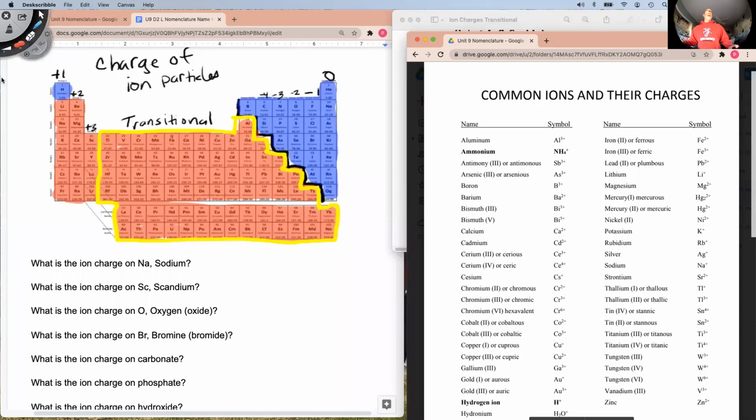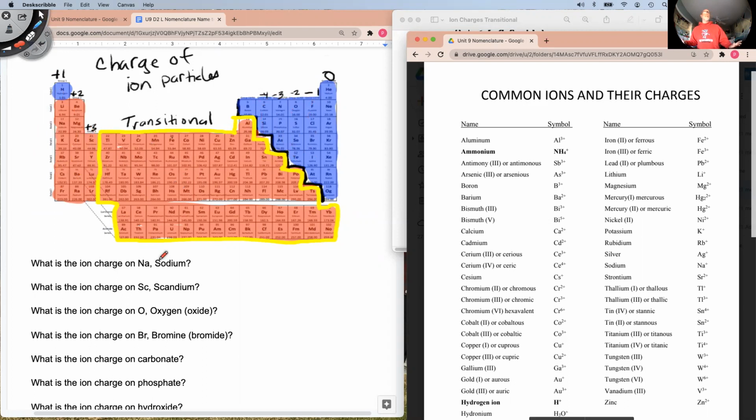As a quick reminder, everything in this column is a +1 charge. Everything over here is a +2. Everything in here is a +3. All of these, fluorine, chlorine, bromine, are -1. Oxygen, sulfur, selenium are -2s. Nitrogen, phosphorus, etc. And carbon, silicon, -4s. Nitrogens, -3s.